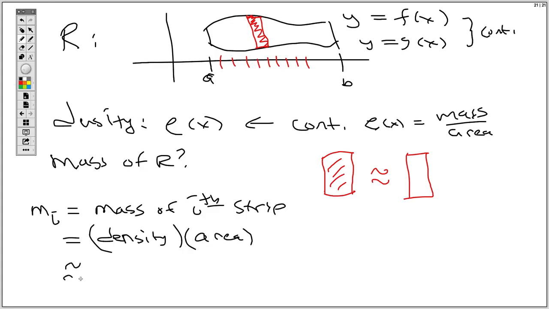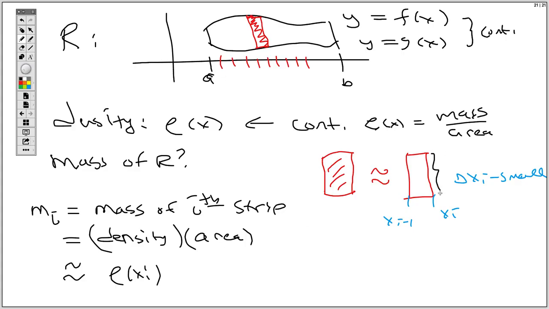And here's where our approximations are going to come in. Once again, we're going to assume that delta x is small. Here's x sub i minus 1. Here's x sub i. We're going to assume that my delta x sub i is small. The density function is continuous. Close inputs, close outputs. Rho of xi times the area of this strip.